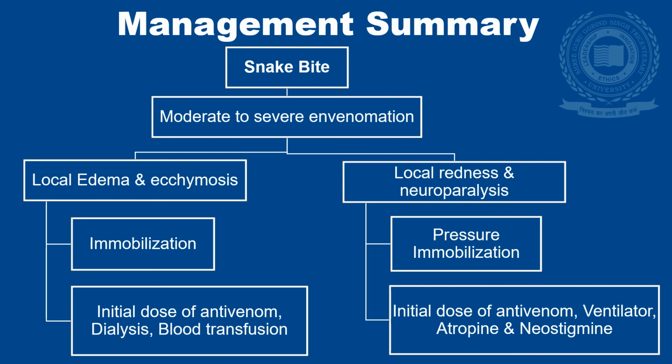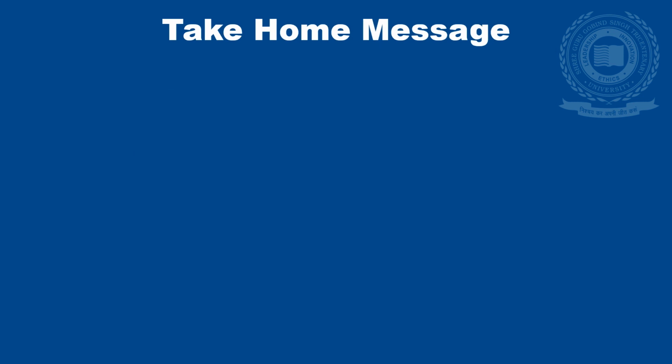So we proceed: local edema and ecchymosis, we go for immobilization, and then initial dose of antivenom, we may go for dialysis, blood transfusion. On the right side we see local redness and neuroparalysis, that means it is a cobra bite. We use pressure immobilization, then initial dose of antivenom, ventilator, and as it is a cobra bite we can use neostigmine and atropine.